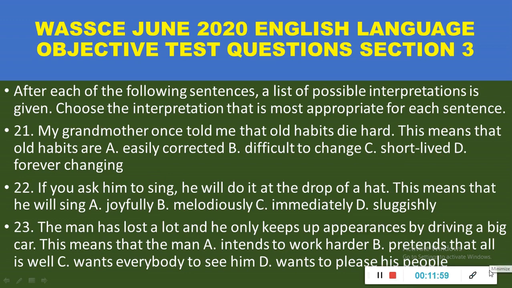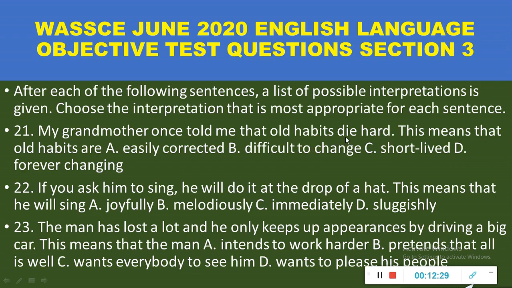Now, when we look at this, we should be able to pick the appropriate option. How do we do that? We examine them one by one. Now, what are we looking at? The idiomatic expression here is that old habits die hard.